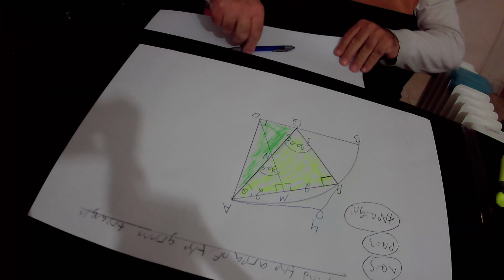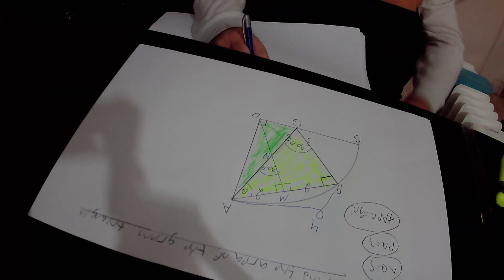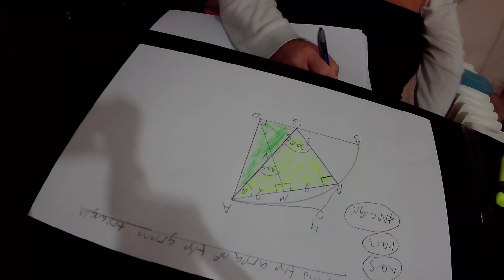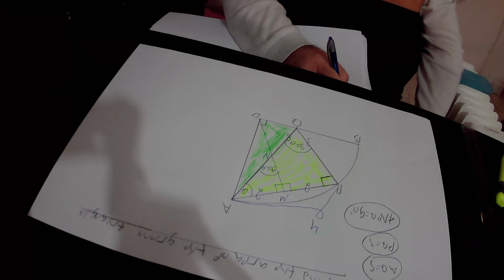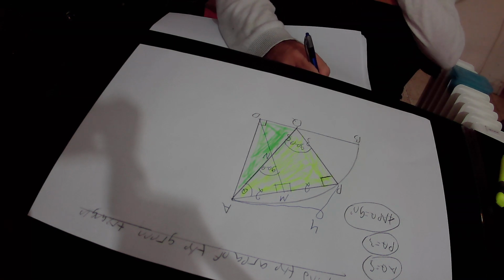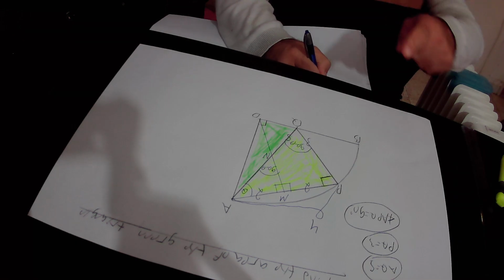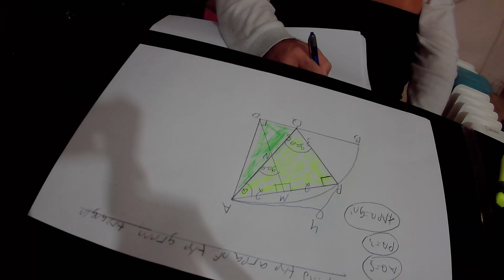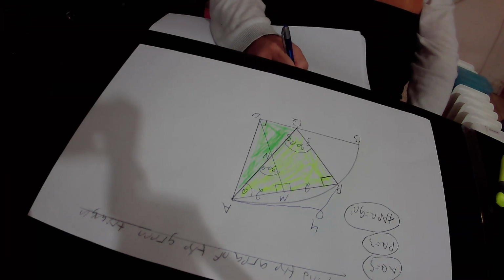So I write it down: PA over MA equals PQ over MN, and it is also equal to QA over NA.